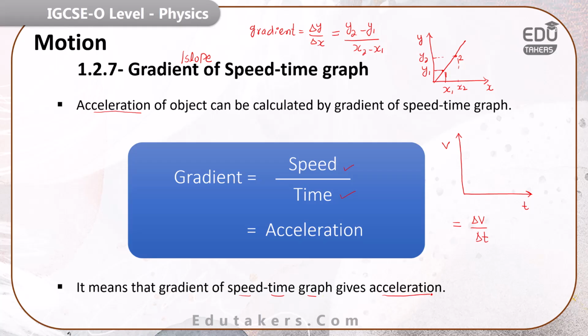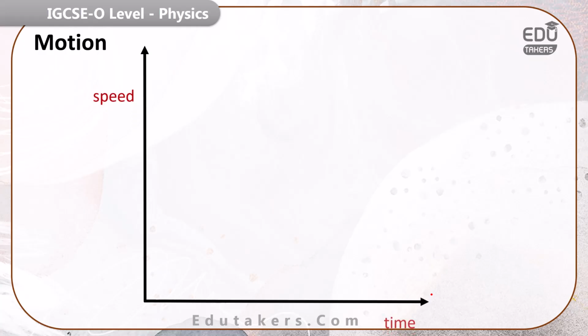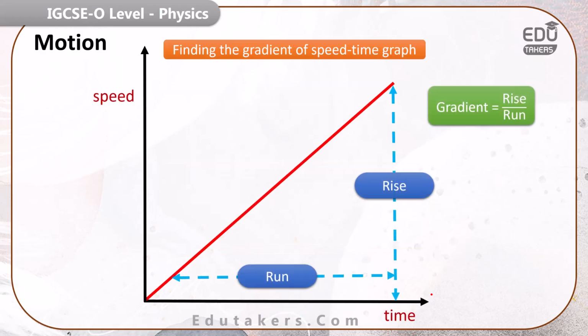Sometimes you are given the speed time graph and asked to find the acceleration. It means that you have to find the gradient of that speed time graph, then you get the acceleration. Here is an animation of how you can calculate the gradient.